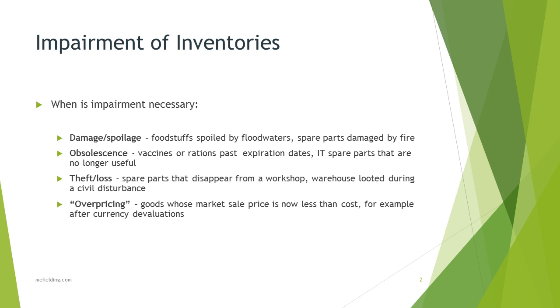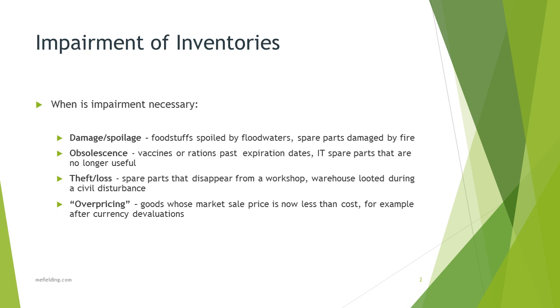So anything which is damaged or ruined because usually of some kind of natural circumstances. You may find that you have insurance, so obviously you'll set the insurance against that, so that you debit cash and credit income, which is the insurance to cover you the cost of this. But for foodstuffs spoiled by floodwaters and spare parts damaged by fire, you'll take the value out of your books and records.